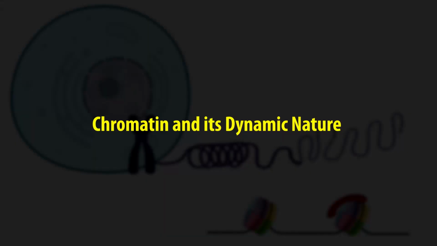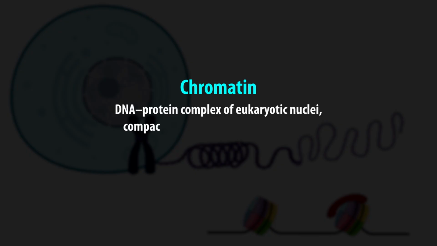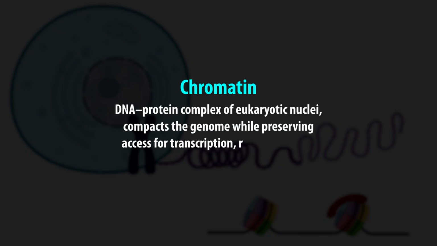Next, we will talk about chromatin and its dynamic nature. Chromatin, the DNA protein complex of eukaryotic nuclei, compacts the genome while preserving access for transcription, replication and repair. Far from static, its structure shifts with developmental stage, cellular state and environmental cues.